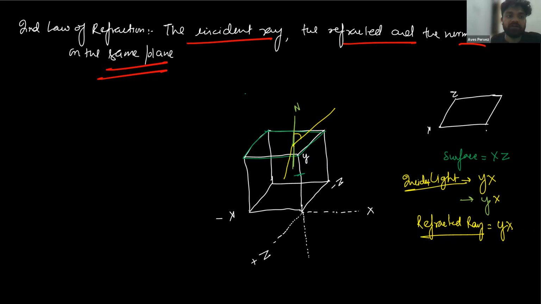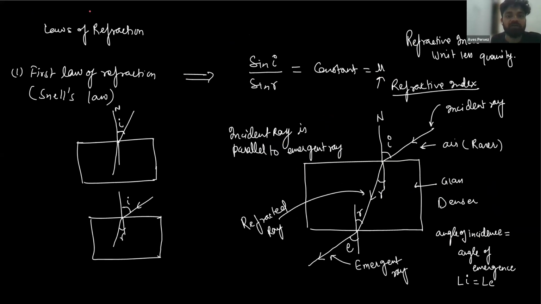Got it? Yes, sir. And the second law of this is also called Snell's law. It says that the angle of incidence... for example, if this is a glass slab and a ray is passing through it, this is the normal, this is the incident ray, and if it bends, this is the refracted ray.